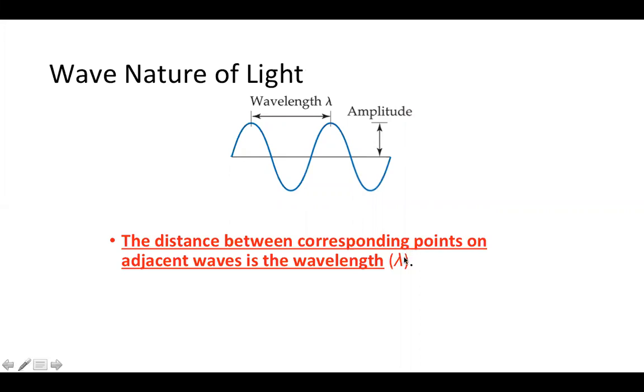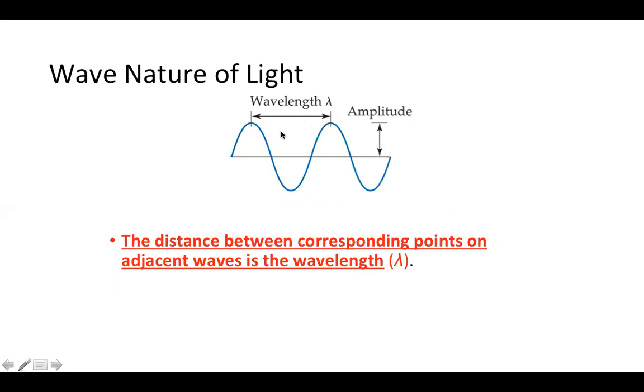It's kind of like an upside down Y. The wavelength is the distance between corresponding points on adjacent waves. Here, the wavelength is drawn from the top of the wave to the top of the next wave. We call those tops crests, and the bottoms are called troughs. So for a wavelength, you can measure crest to crest or trough to trough.